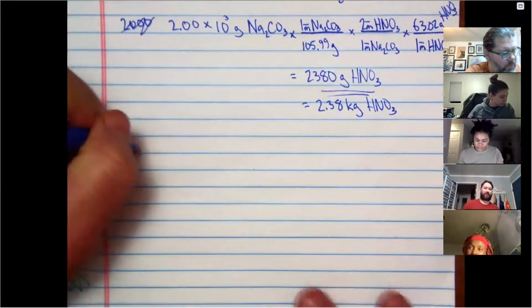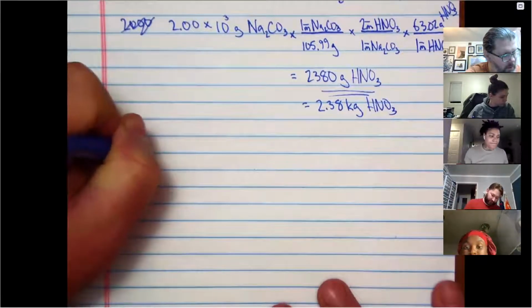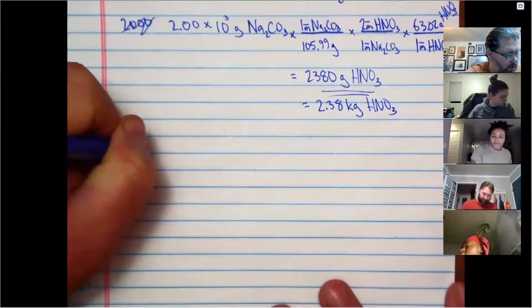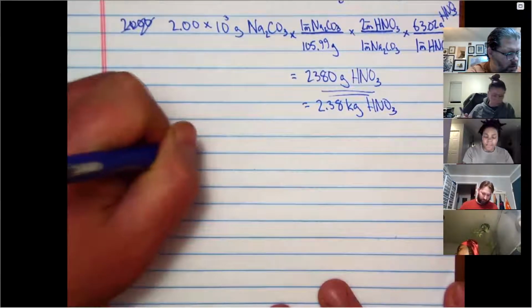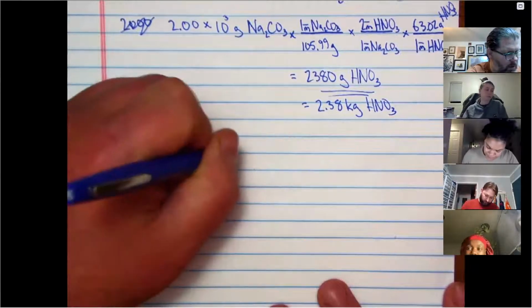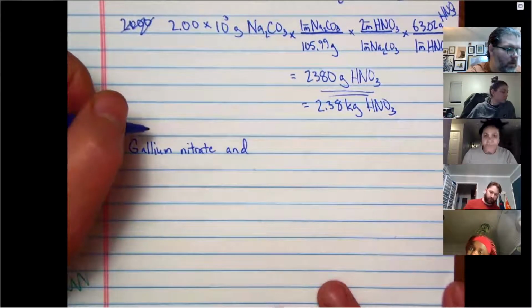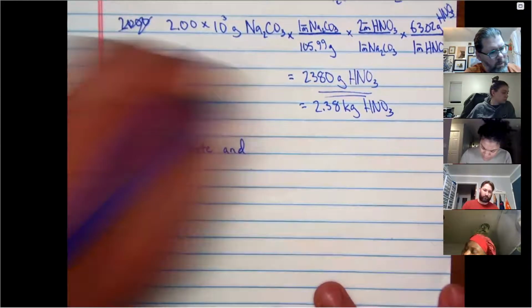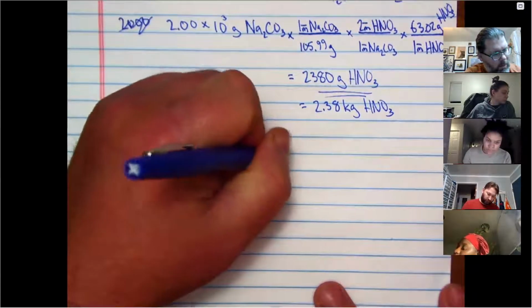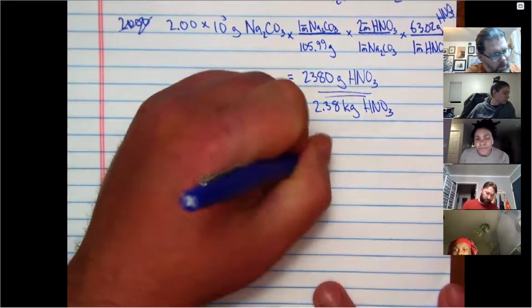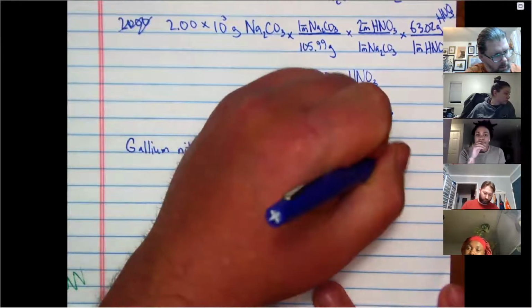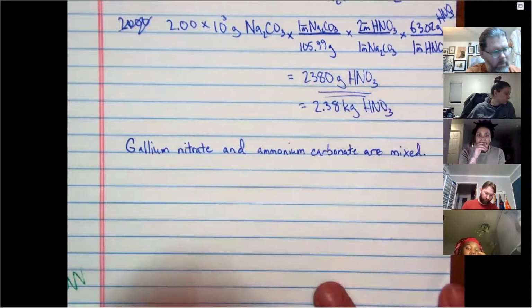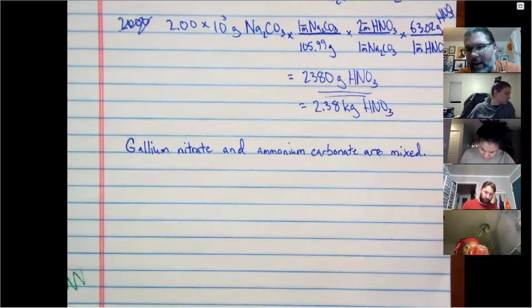So let's say we are mixing gallium nitrate and ammonium carbonate.